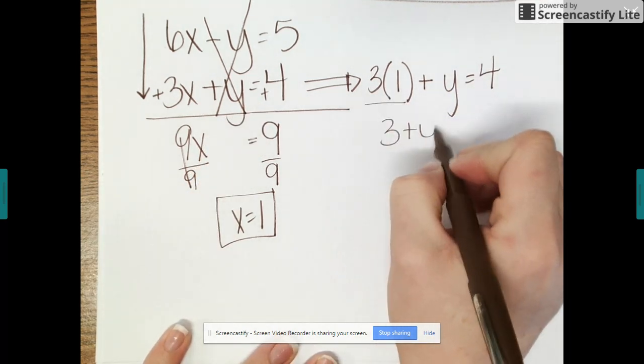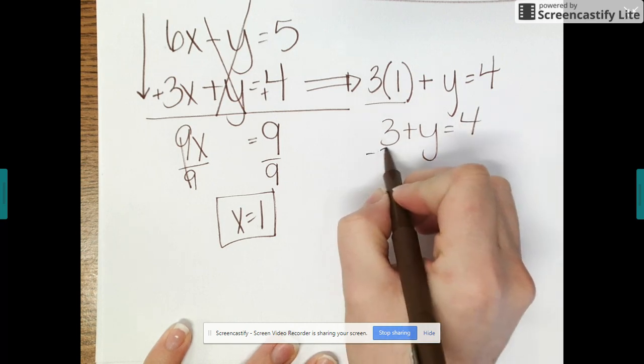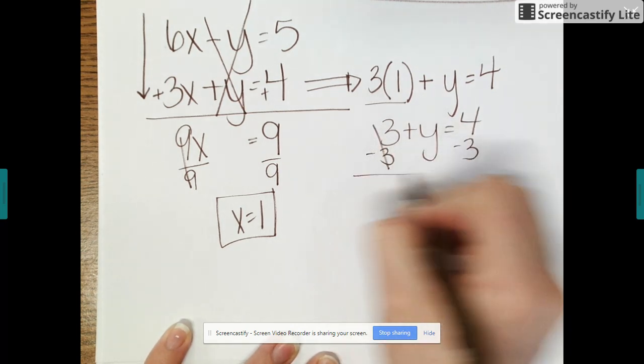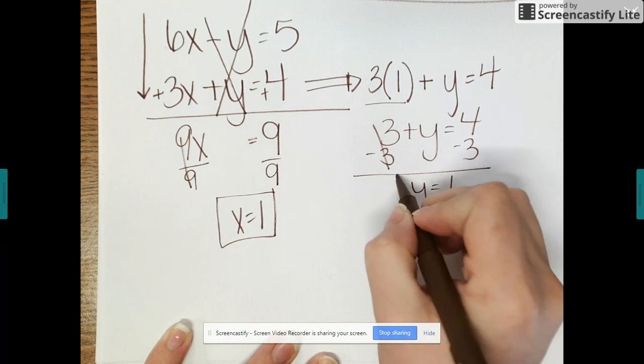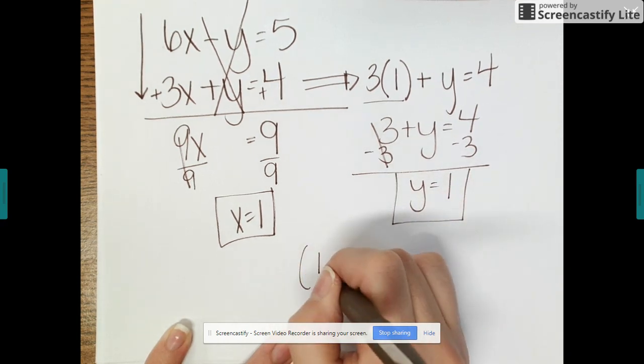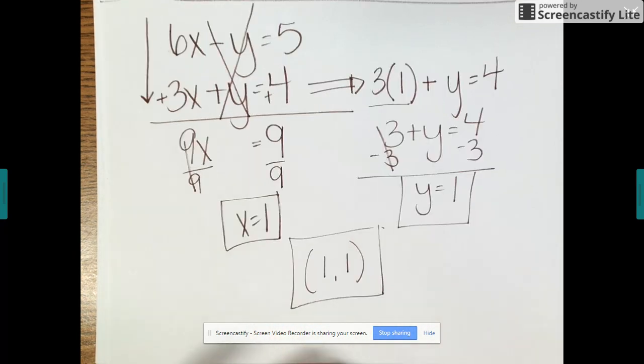Multiplication and subtract. So your ordered pair is 1, 1. Okay. Reminder, you can pause the video, you can go back as many times as you want. Okay? All right, let's do another one very similar to that one.